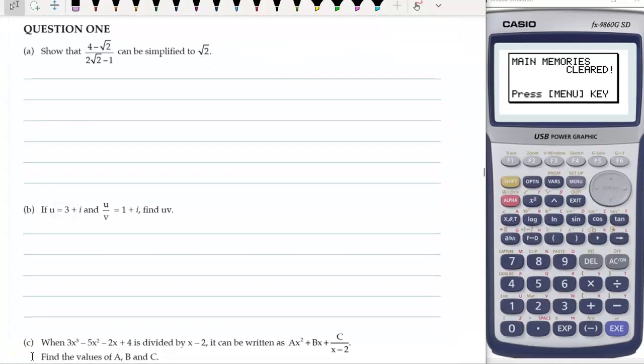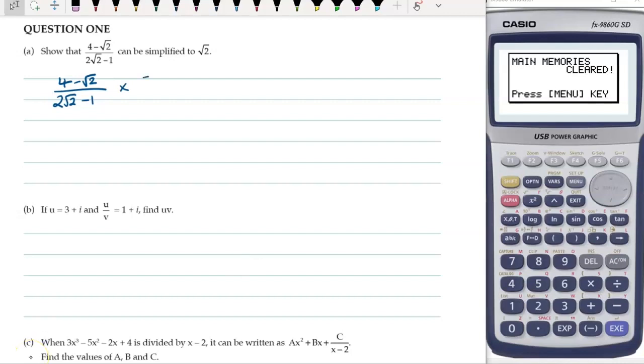Okay, so for question 1, we are going to rationalize the denominator here. So we have 4 minus root 2 on the top, 2 root 2 minus 1. Now we need to times it by the negative of the third part of the denominator.